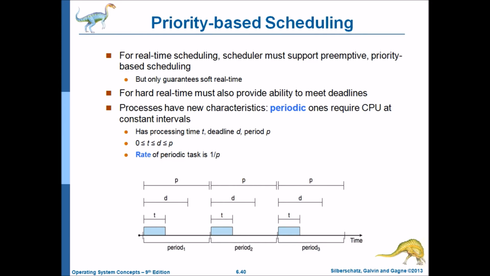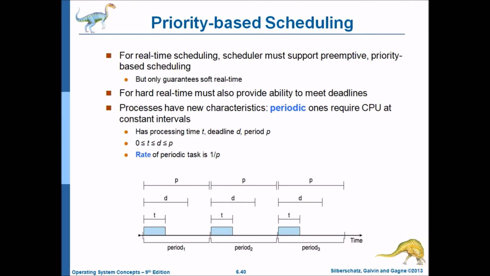Once a periodic process has acquired the CPU, it has a fixed processing time T, and then it has a deadline D by which it must be serviced by the CPU, and a period P.